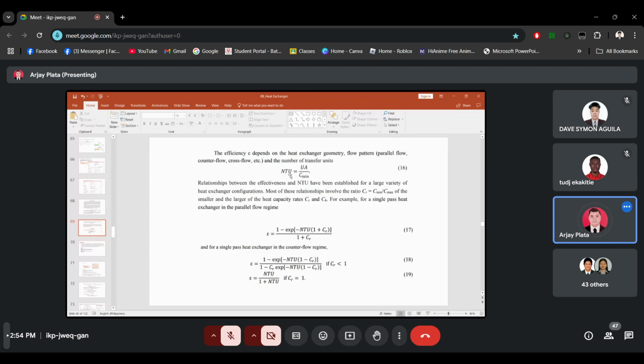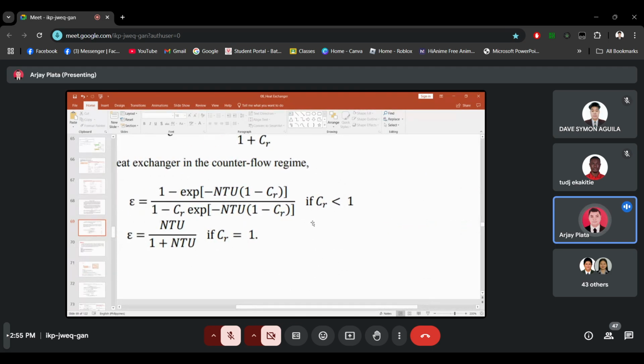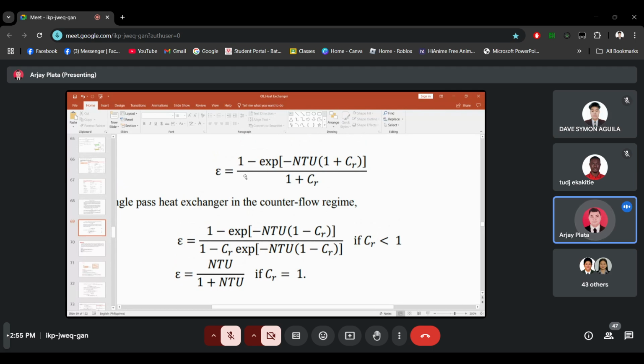Okay, so there are some equations or formulas that you can find in your table. If you look at your green book, Table 11.3 and Table 11.4, there are different equations that can be used to calculate E. Just like in this example, we have E equals 1 minus exponent of negative NTU times 1 plus CR, over 1 plus CR.